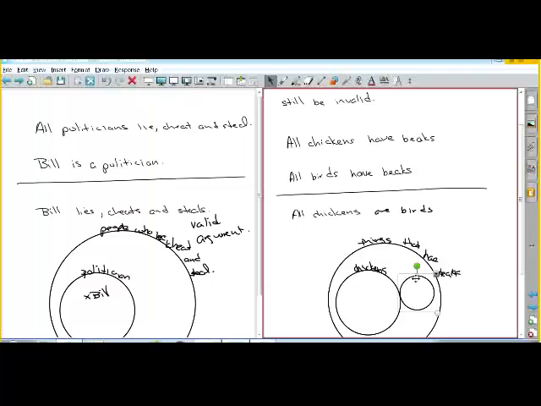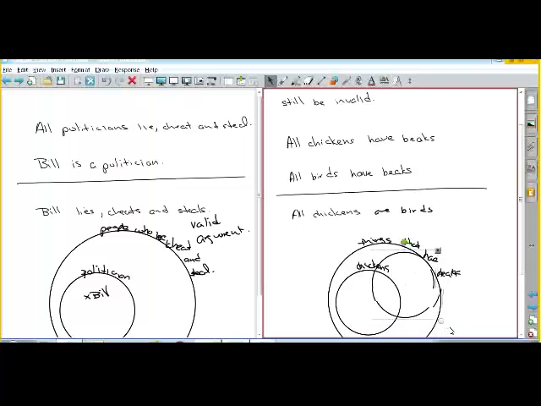And you might say, well, can't I just make this thing bigger? Chickens are kinds of birds, so I can stick that in there, and then that's true. But that's using prior knowledge. So I can't do that.